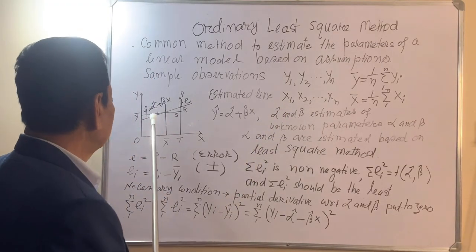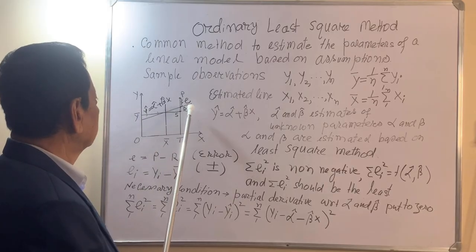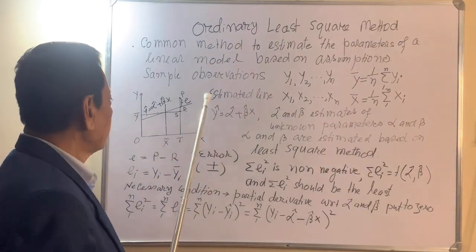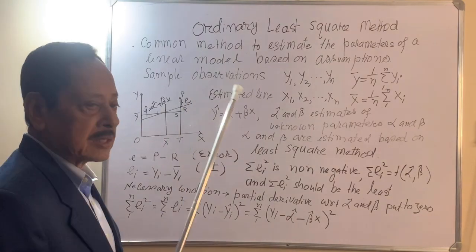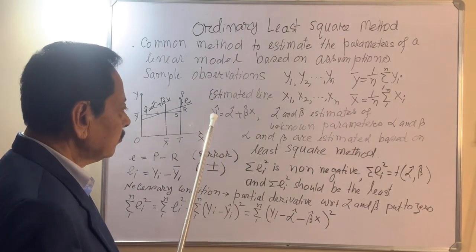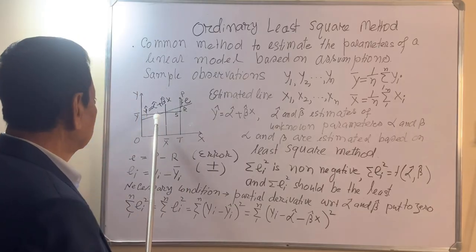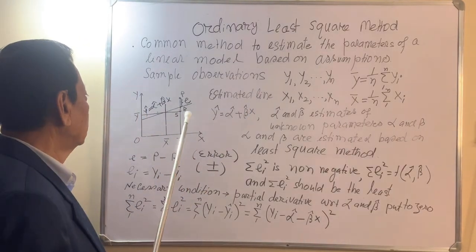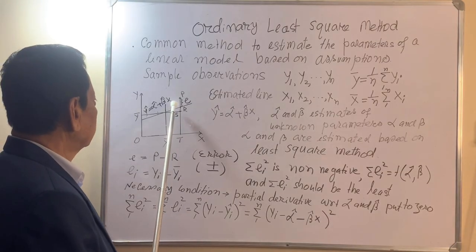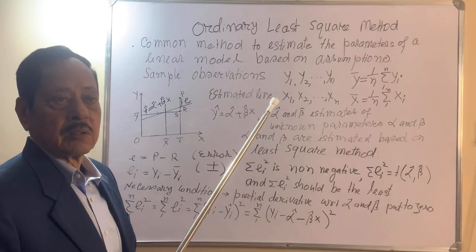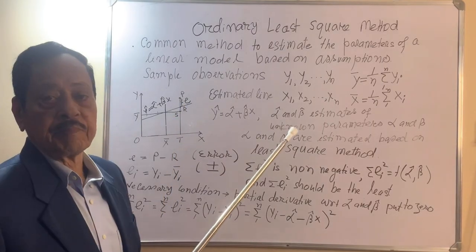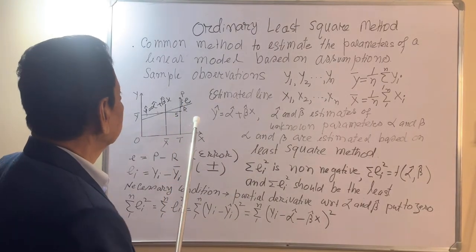So we should draw the straight line in such a way that the line will divide the scatter into 2 equal halves, and the sum of the square of the errors will be minimum.